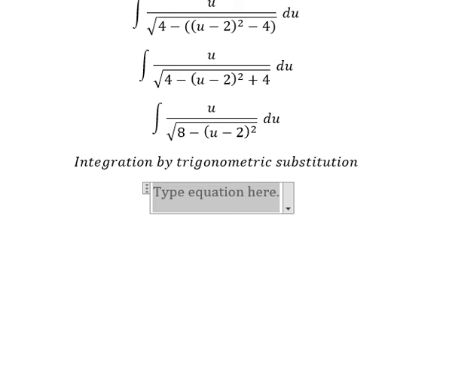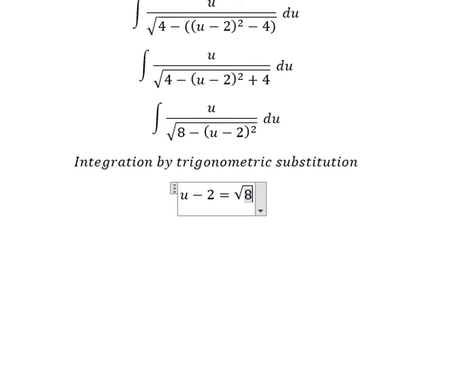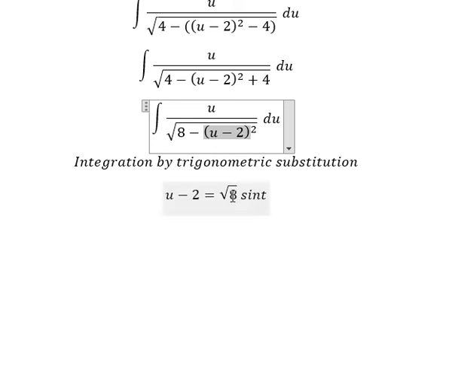So I will put u minus 2 equals the square root of 8 sine t. Because if I put this one in here, you get 8 sine t square.